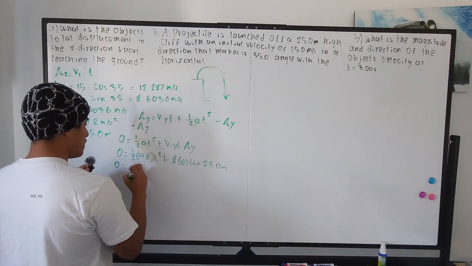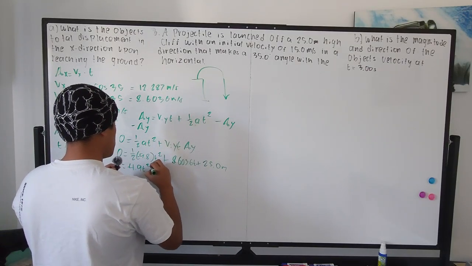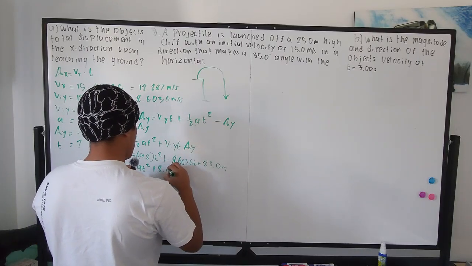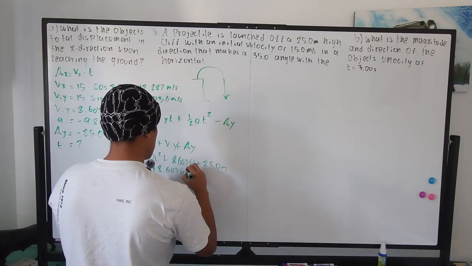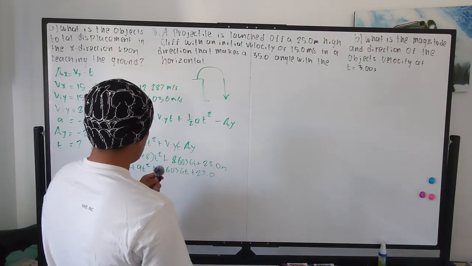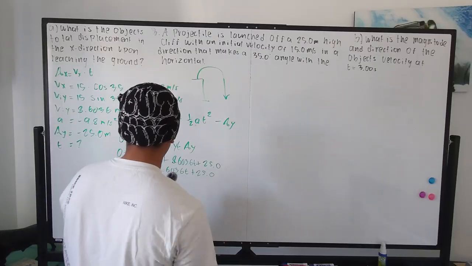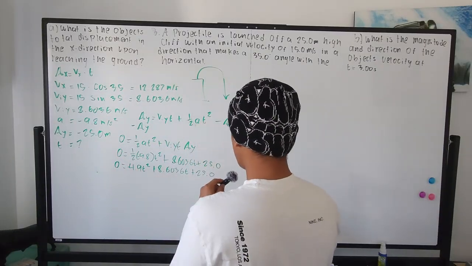So then 0 equals negative 4.9 t squared plus 8.6036 t plus 25.0. I'm going to keep the units out for right now. So I erase this. Now we have a quadratic equation.